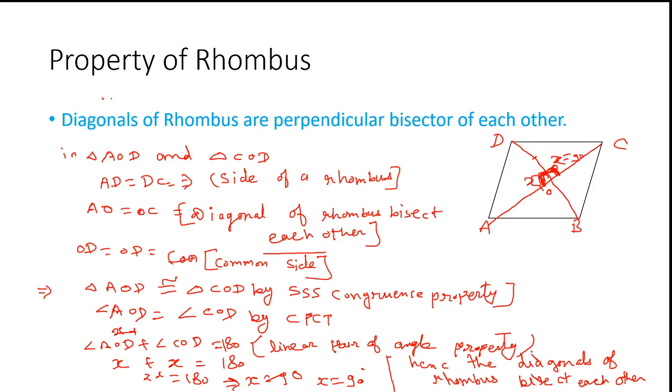Hence the diagonals of the rhombus bisect each other at 90 degrees, or the diagonals of the rhombus are perpendicular bisector of each other.